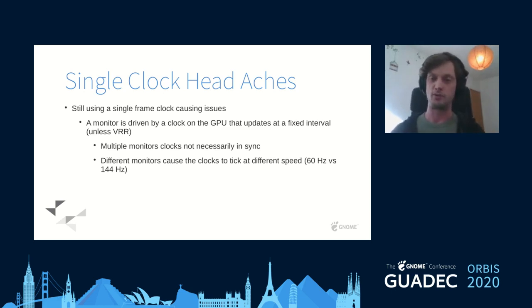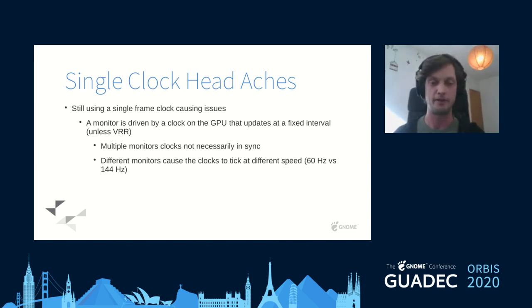So how it works is more or less a monitor is driven by a CRTC that has its own clock. Usually the clock ticks at a certain refresh rate, more or less what you configure in the settings. It will run at that interval, unless you have a variable refresh rate monitor, but ignore that for now.